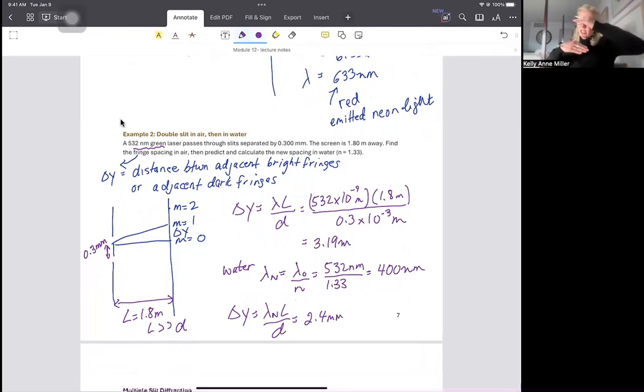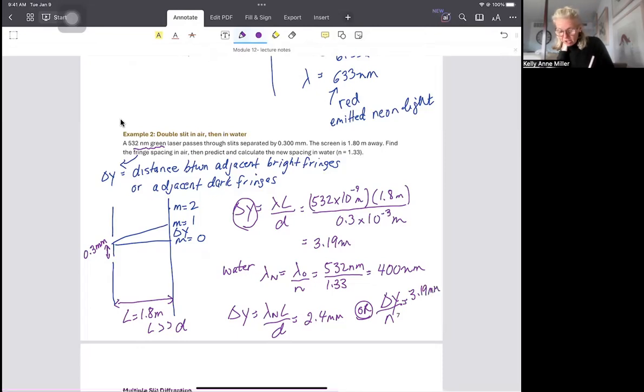So the fringes are going to be closer together when this whole thing is underwater compared to when it's in air. Okay, another way you could have calculated that is you could just take your delta Y, the 3.19 millimeters, which was the fringe spacing in air, and divide it by 1.33, which is the index of refraction of water.